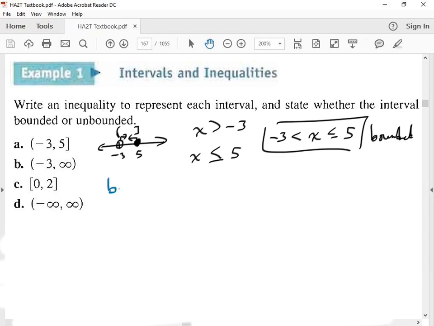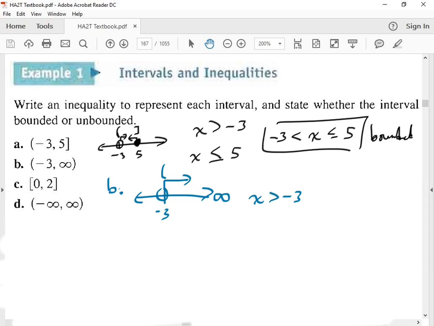All right, let's do letter B. For letter B, it says at -3, that's where we start, we go all the way to infinity. So open circle because it says parenthesis. Open circle, parenthesis, and then we point to infinity. So we're going from -3 to positive infinity. So how would we write this inequality sign? We would say x is what to -3?